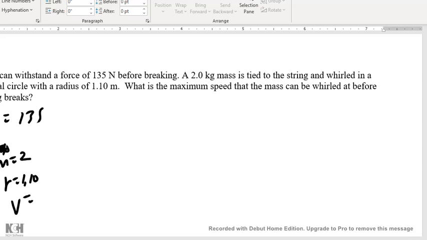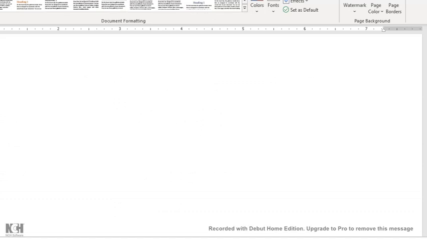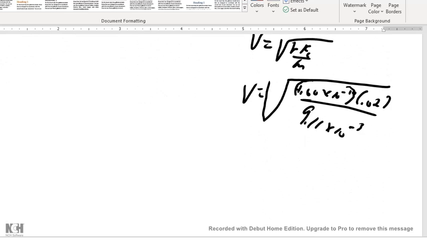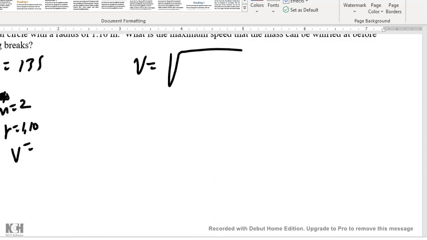What's your V? Well, just a second ago, we solved that V is equal to the square root of, let me go take a little look, because I've already derived it once. Why do it again? It should be right here. There it is. Square root of Rfc over m.